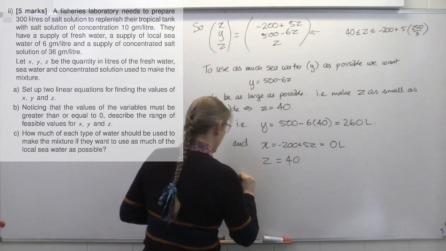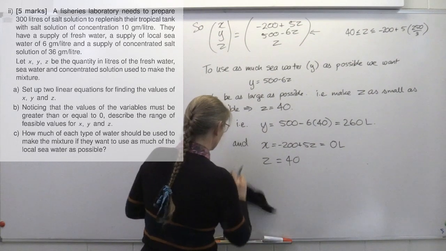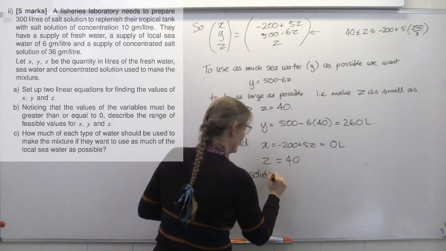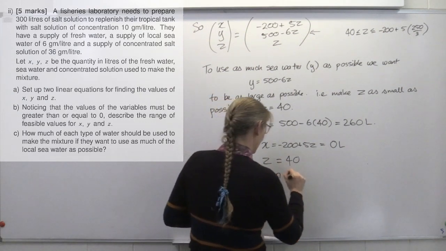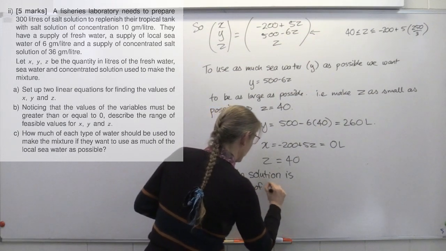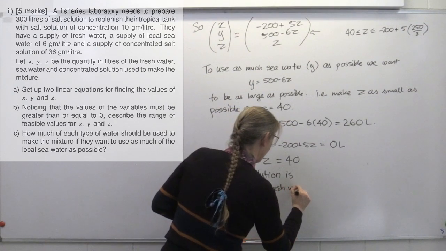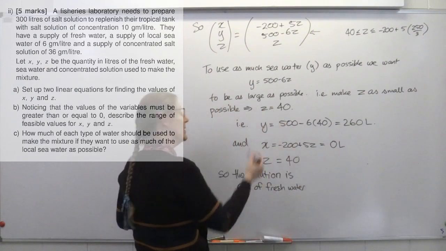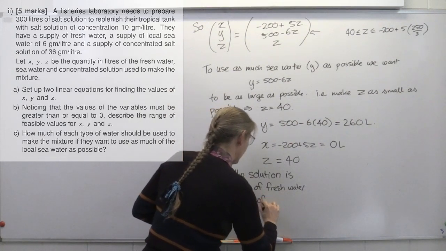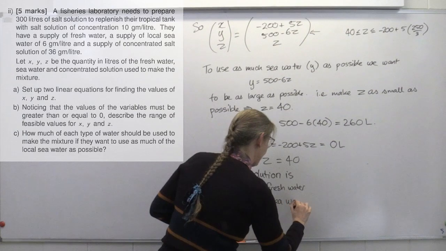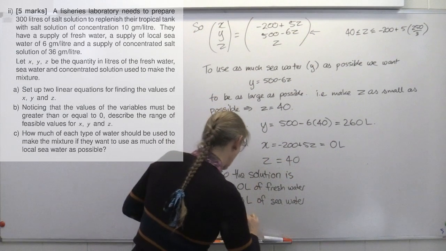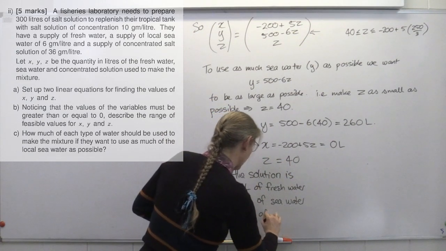So the solution is 0 litres of fresh water. That's x. 260 litres of seawater. That's y. And z, that's 40 litres of salt solution.